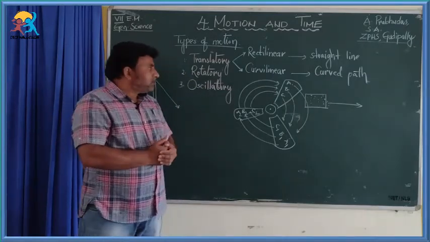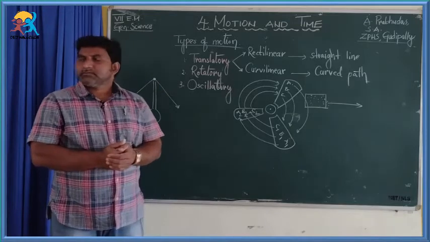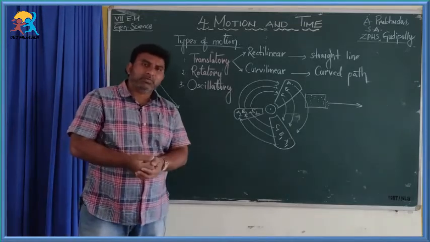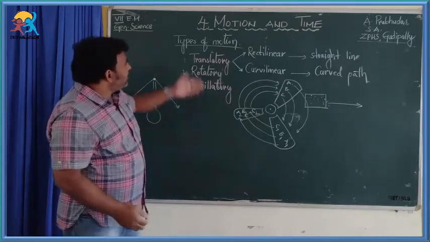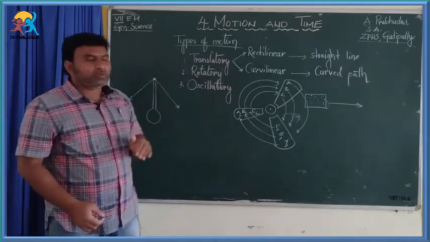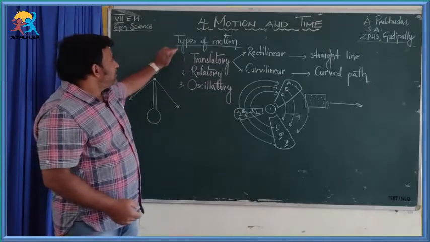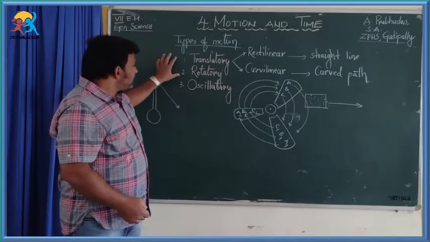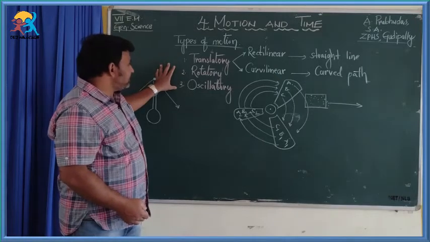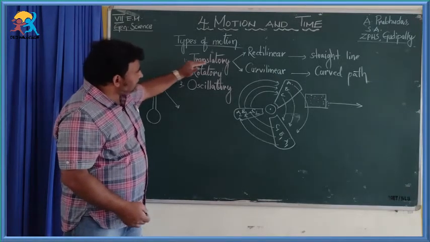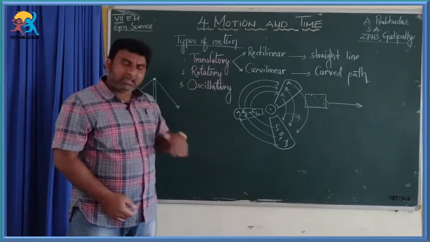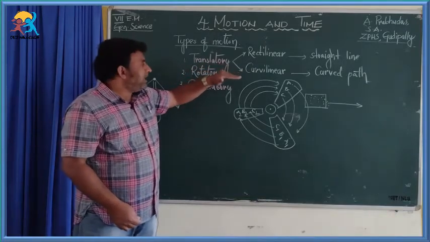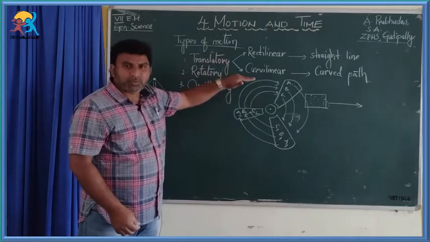Yes. So, children, I hope you have understood what oscillatory motion is and the different types of motion. The different types of motion are translatory, rotatory, oscillatory. Again, translatory motion is of two types, rectilinear motion and curvilinear motion.